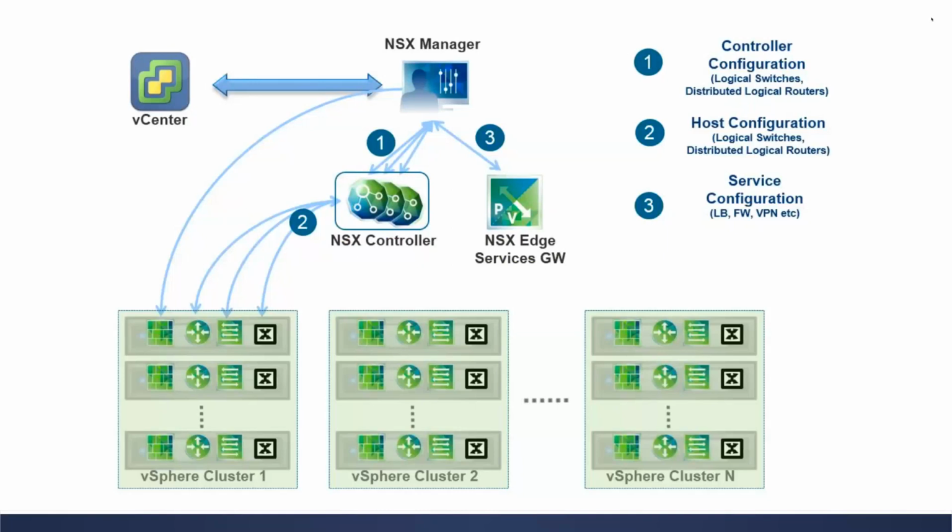The NSX manager communicates to the controller, which in turn communicates to the NSX edge devices, as well as the vSphere compute devices within each host. And this is pretty much how we make our communication. So the NSX talks down to the controllers, which basically talk down to the firewalls, the routers, the load balancers, and the switching within each cluster. And overall, we get that nice, clean feel of communication and packet flow. So everything works as expected.